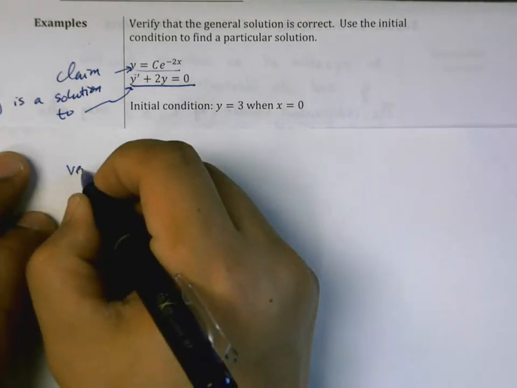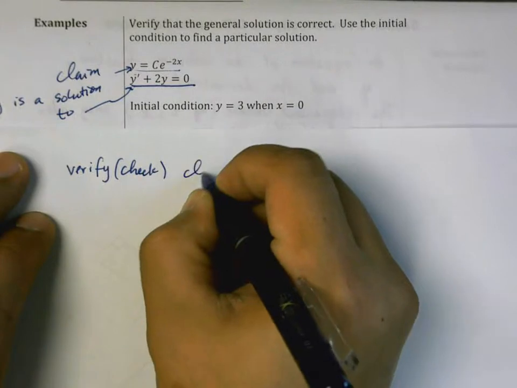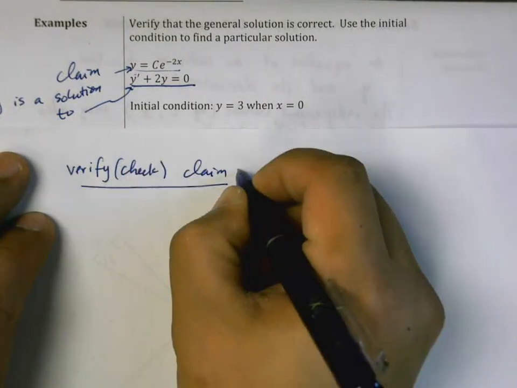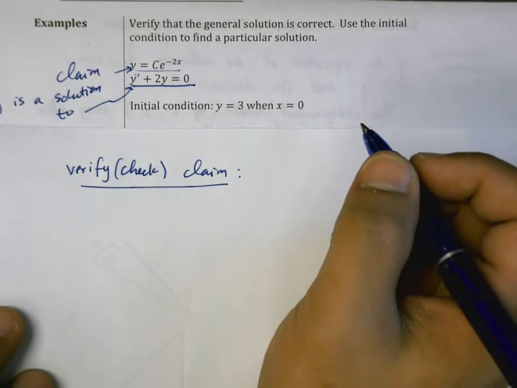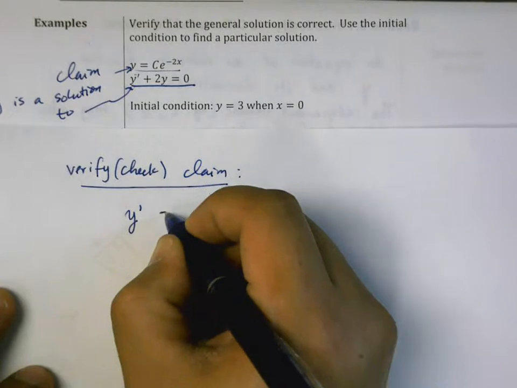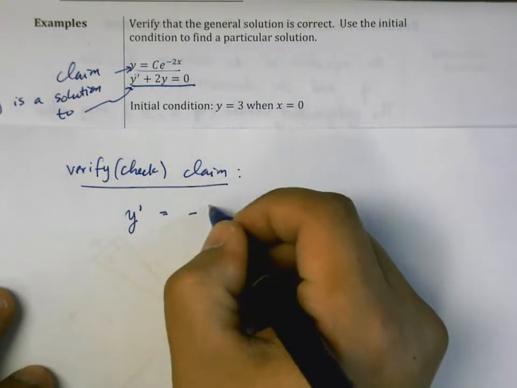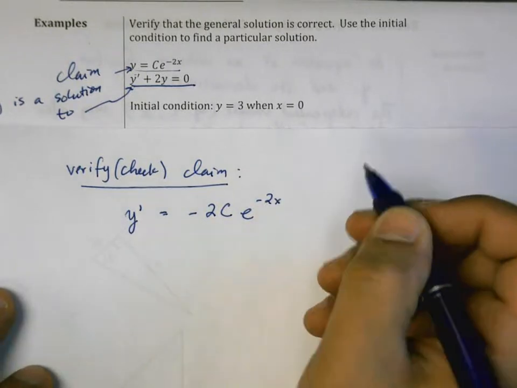So let's just verify and check the claim. This is just intended for you to get some practice in seeing how differential equations work. So first, we have to find y prime, and y prime is negative 2c e to the negative 2x.